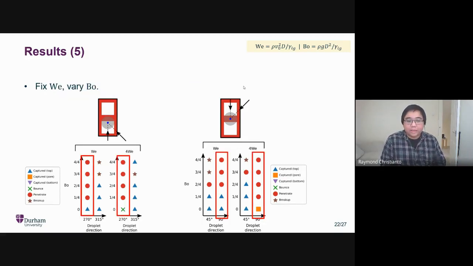We see that the Weber number doesn't really affect, but the Bond number will cause more penetration, and trajectory also has a very high control on whether the droplet will easily penetrate the structure or not. As you can see on the left figure, we see them at 27 degrees, while at the right figure, we see them at 90 degrees.